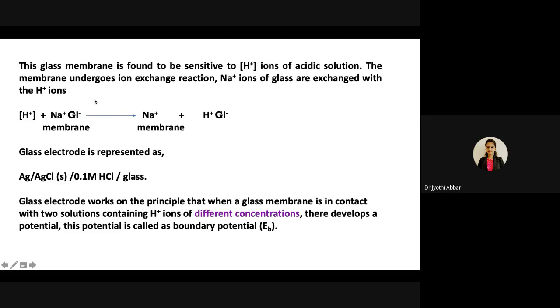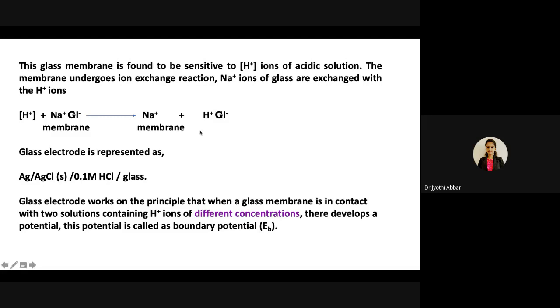This glass membrane will exchange its Na plus ion and take the H plus ions. So the glass membrane Gl minus will take the H plus ions and give its Na plus ions. Thereby the glass membrane becomes sensitive to the H plus ions, and based on that it will help us find the pH of the acidic solution where we have a mixture of ions.